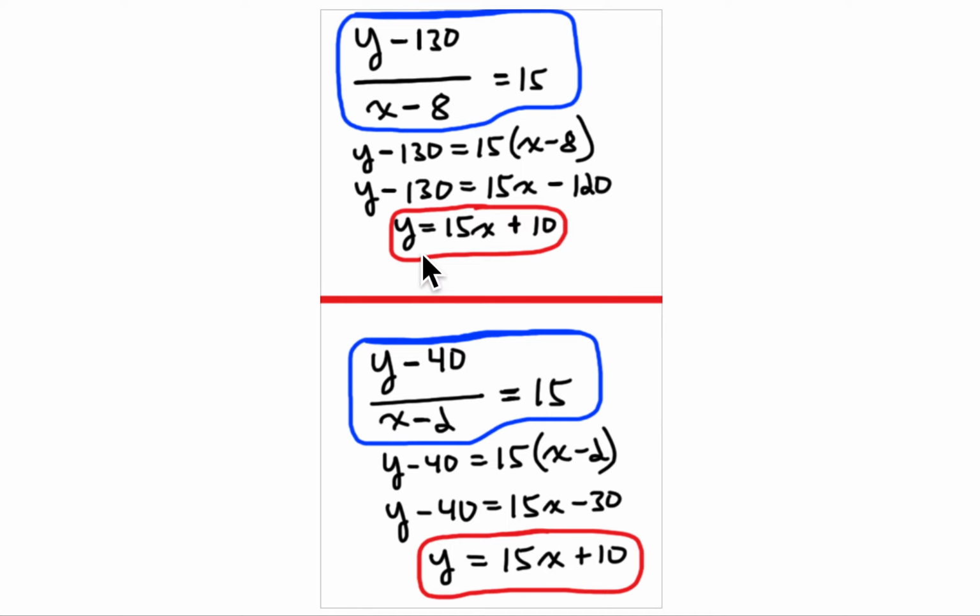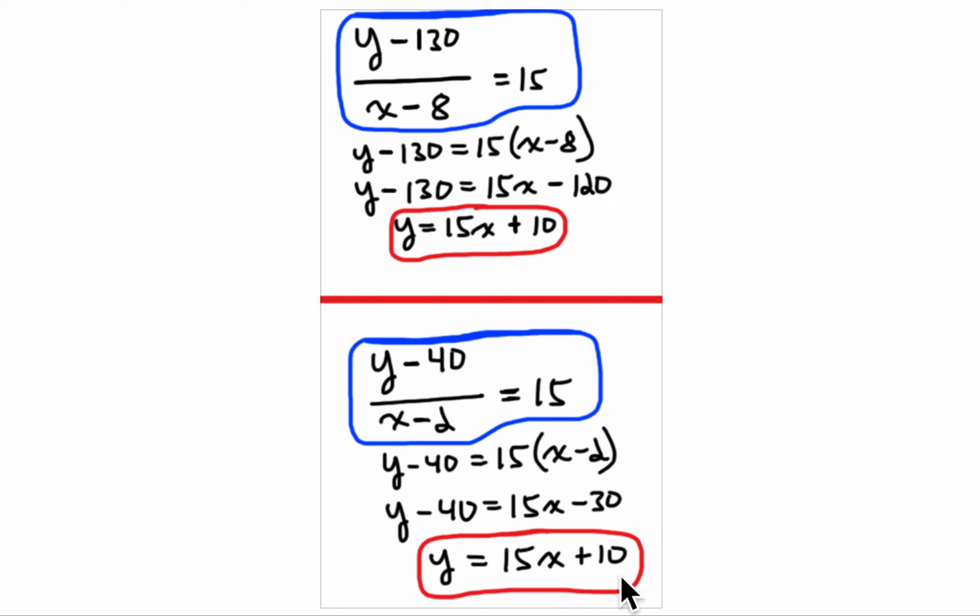So y is equal to 15x plus 10. You have to add that 130 over here. 130 minus 120, if you're subtracting 120 from 130, you end up with a positive 10. If you're subtracting 30 from 40, you end up with a positive 10. So notice these are both the same.